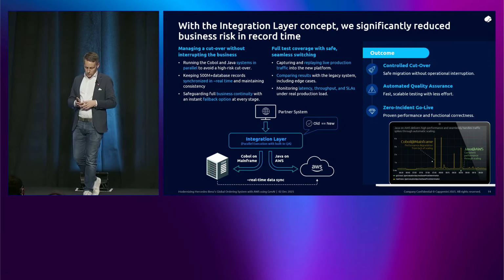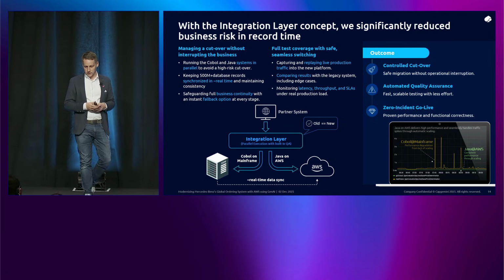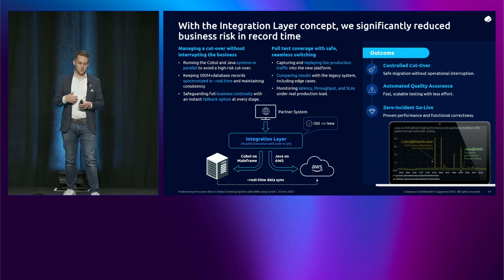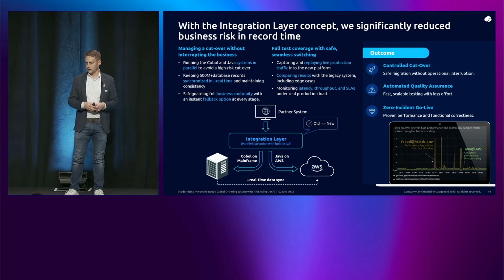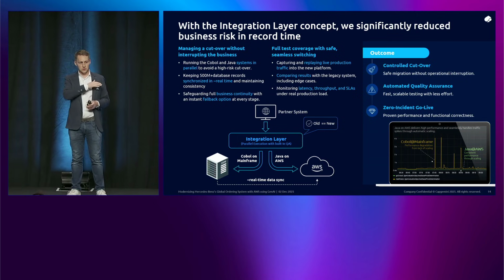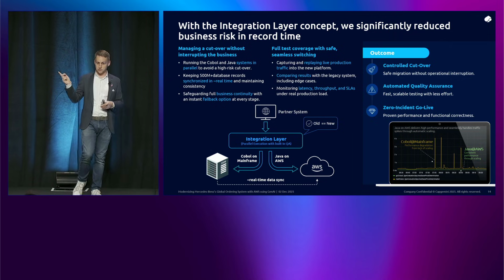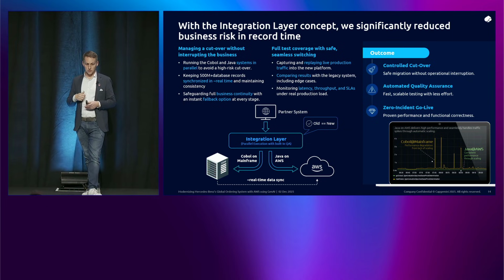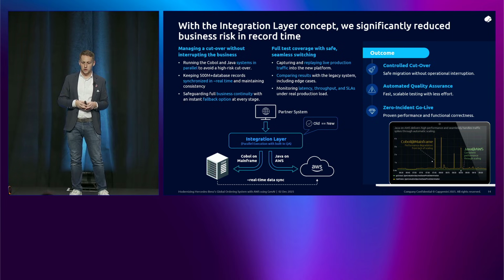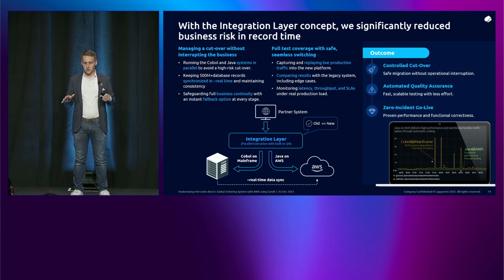And what is written on the right in the outcomes section, controlled cutover, we've said that already. You can control when the systems should change, and then it's your decision to turn over. It's not their decision, you can control it. You have your automated quality assurance because you are doing all the tests with the facade.